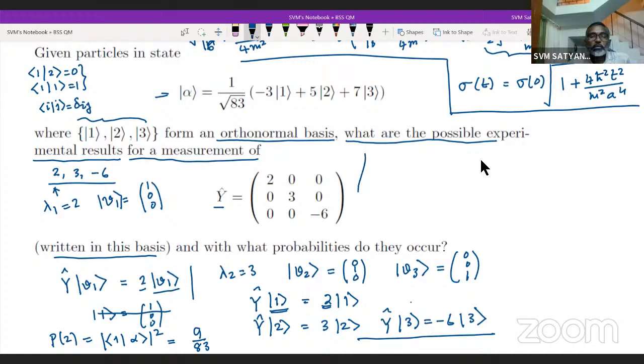Okay. So you can now say that the probability of getting 2 is 9 by 83. Probability of getting 3 is 25 by 83. And probability of getting minus 6 is 49 by 83.